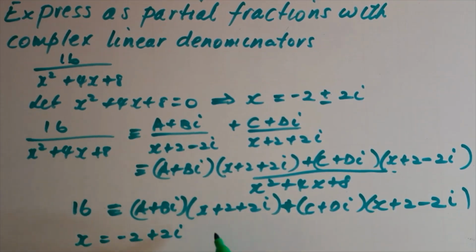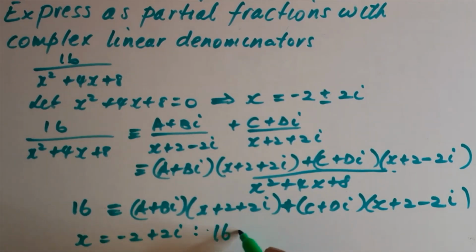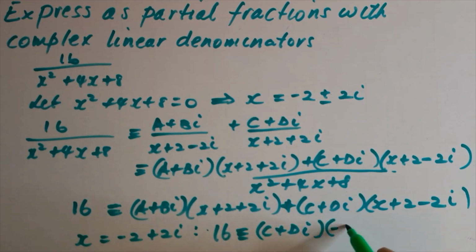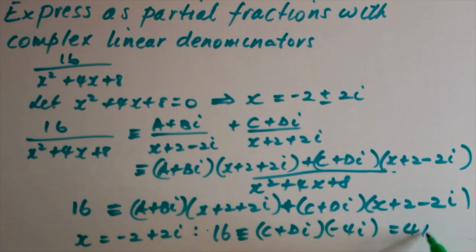With that we have 16 is equivalent to (c + di) times -4i, which is equal to 4d minus 4ci.